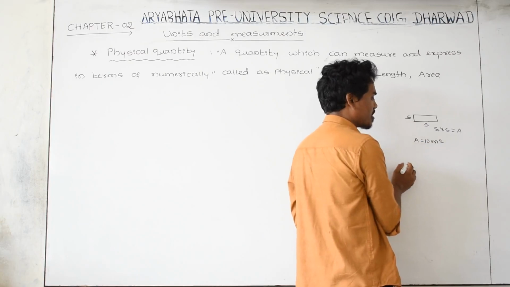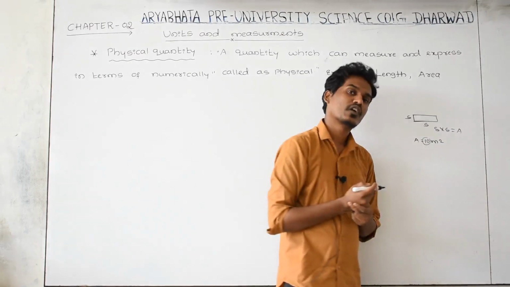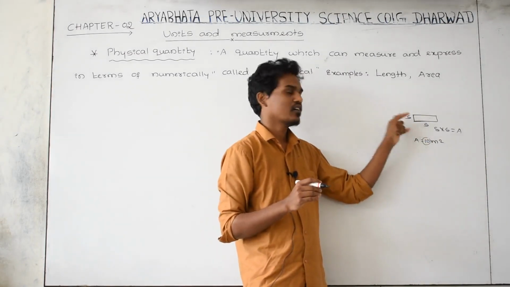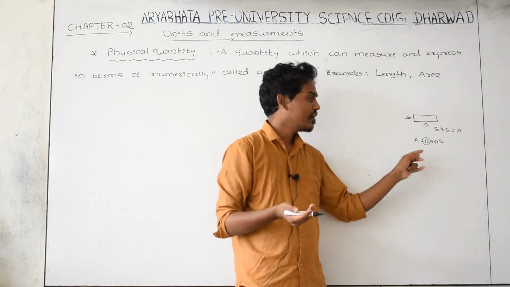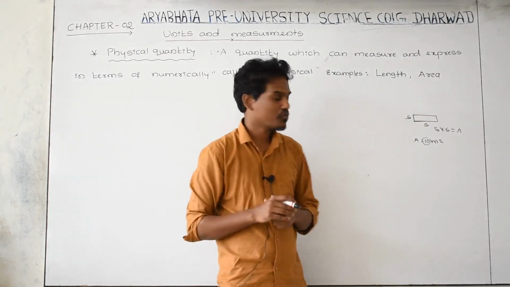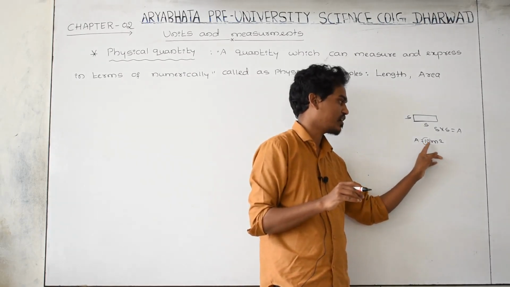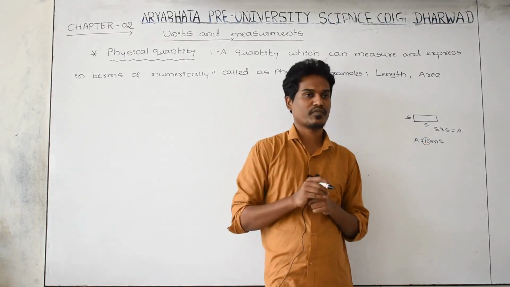Yes, numerically we can express its area, that is 10. I measured, yes, it is a measurable quantity. And is it possible to express in terms of numerically? Yes. How much is it? 10 meter square. Yes, I expressed it in terms of a number, numerically.